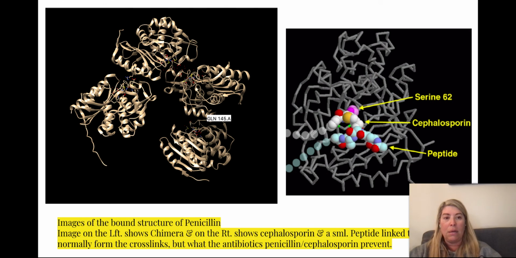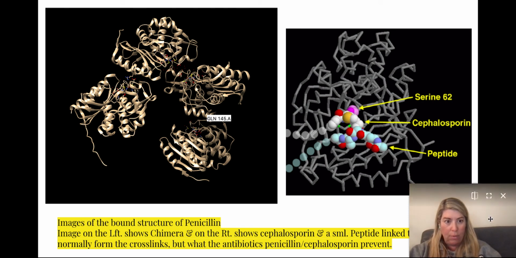And then one of my last slides is a chimera image showing the bound structure of penicillin. So you can see the penicillin. The image on the right shows cephalosporin and a small peptide linked.